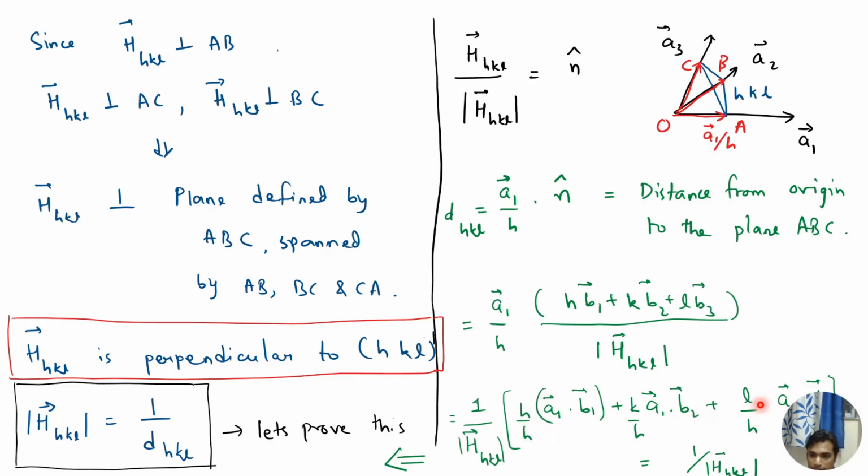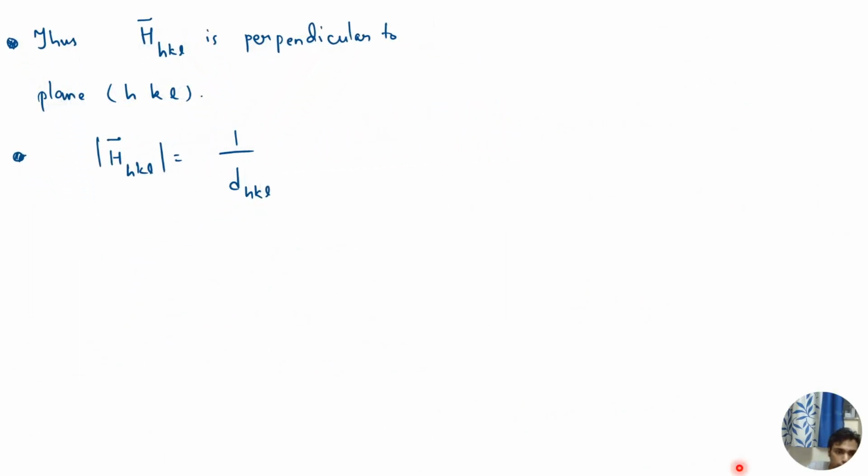So in this square bracket what you have is only 1, and there is 1 by the magnitude of h of hkl. So finally you have 1 by the magnitude of h of hkl. On the left hand side you have dhkl, and on the right hand side you have 1 by the magnitude of h of hkl. So this basically means dhkl is 1 by h of hkl, or taking the reciprocal, h of hkl is nothing but 1 by dhkl.